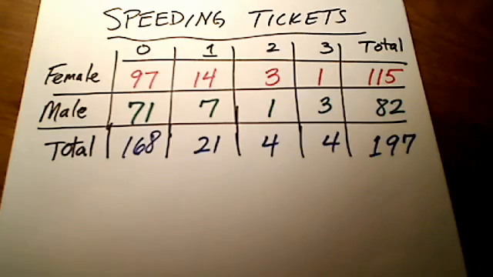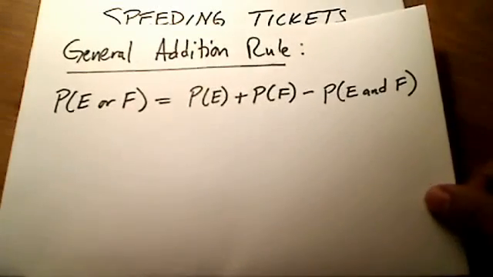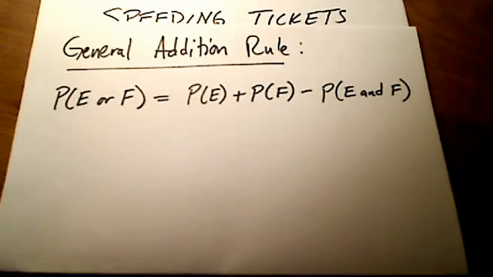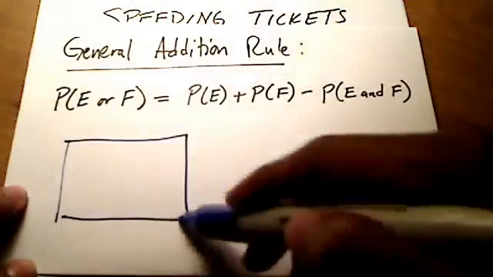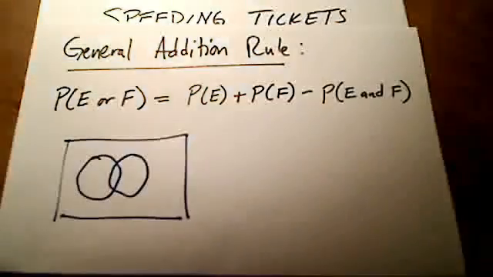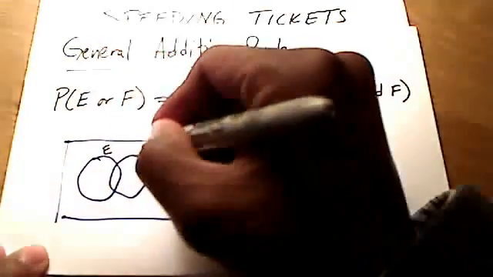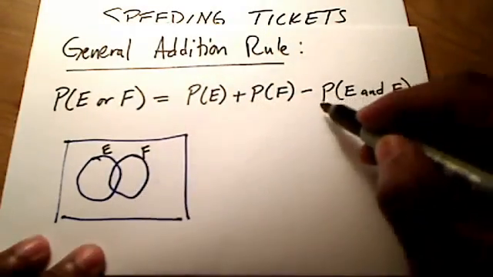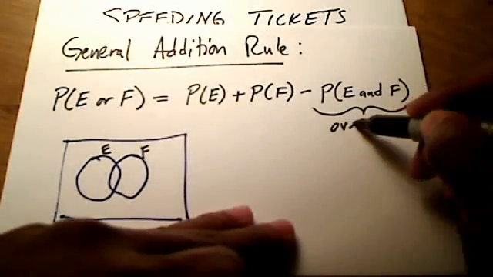Okay, let me quickly review something with you that we're going to need throughout this problem, and that is the general addition rule, something that you should know. The way this works, as I showed on a previous video, is if I draw a Venn diagram here, E and F will make these 2 circles represent the events E and F. The probability of E is the first circle, the probability of F is the second circle, and this thing right here is the probability of E and F. That's considered the overlap.